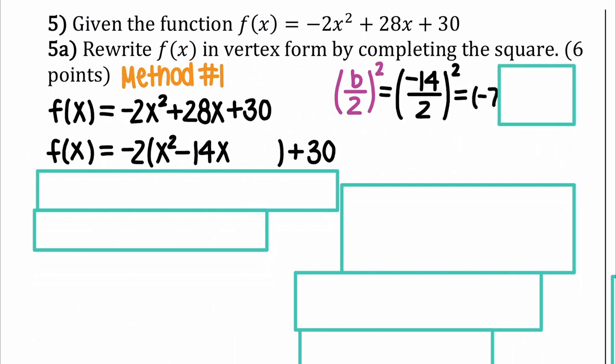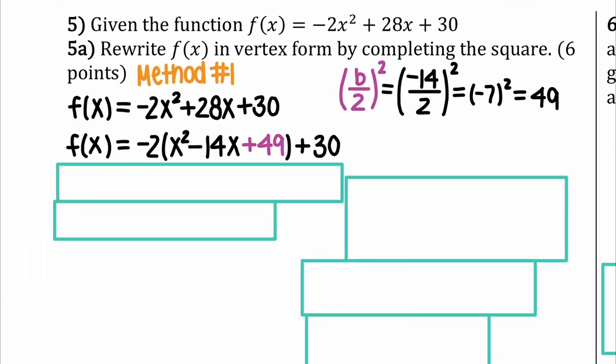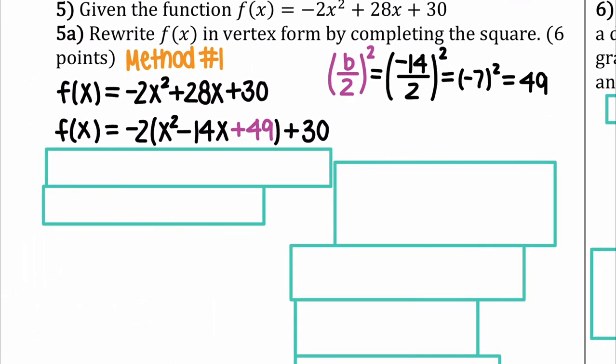That gives us negative 14 over 2 squared, or in other words, negative 7 squared, which is positive 49. So we're going to add a positive 49 inside our equation. Plus 49. Now, at this point, we've changed the value of the equation from the original.